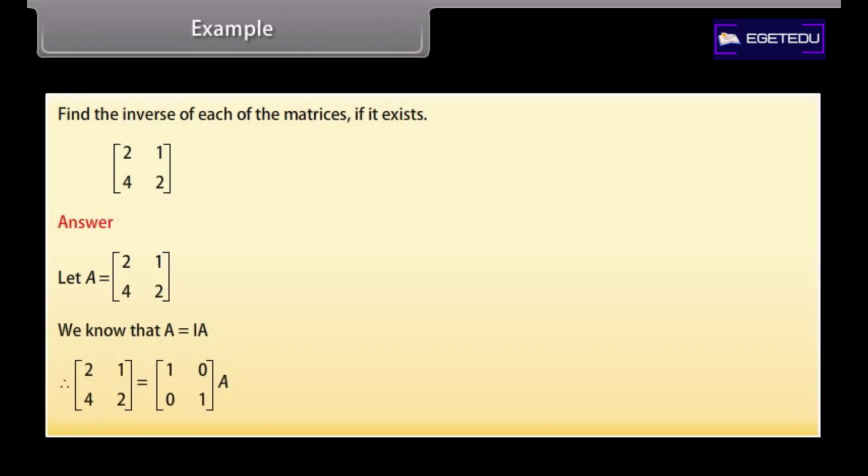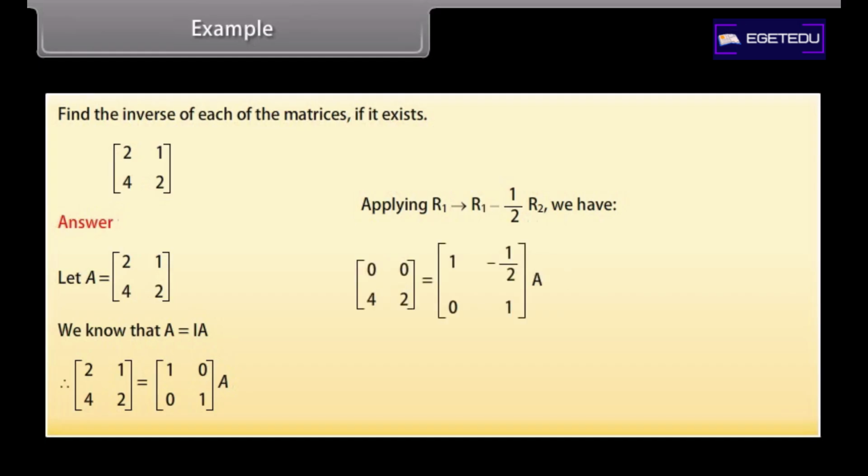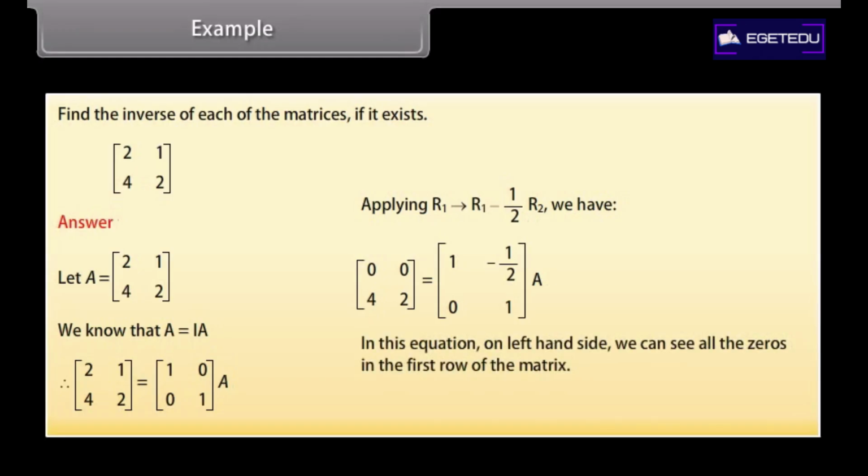Therefore, [[2, 1], [4, 2]] is equal to [[1, 0], [0, 1]] into A. Applying R1 changes to R1 minus 1 by 2 of R2, we have the matrix [[0, 0], [4, 2]] is equal to [[1, -1/2], [0, 1]] into A. In this equation, on the left hand side, we can see all zeros in the first row of the matrix. Therefore, A inverse does not exist.